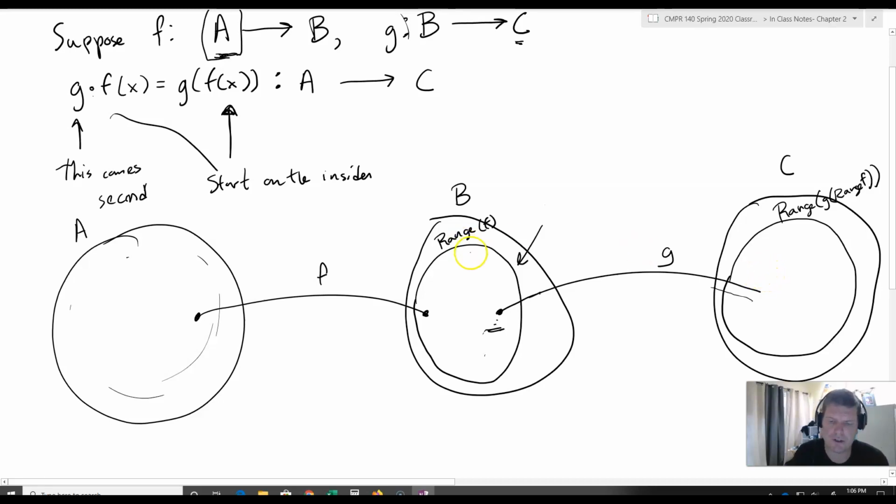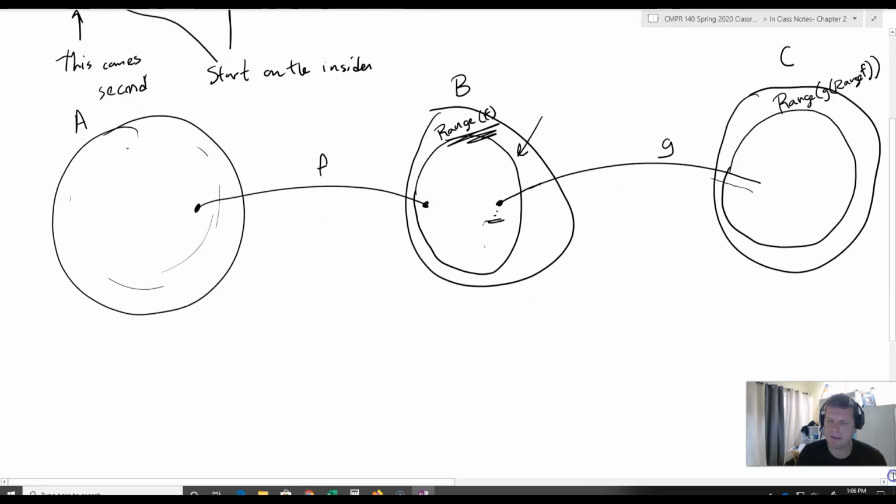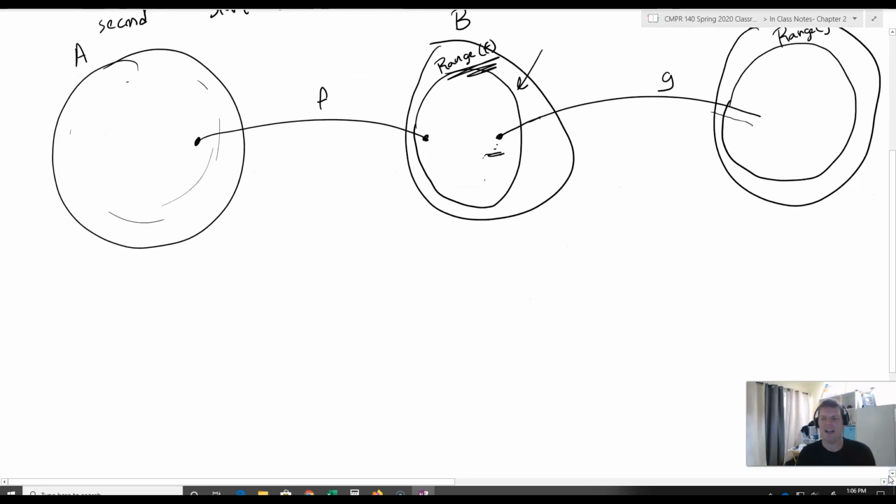The first restriction is that the only domain we have for G is the range of F, and the other restriction is whatever G does. Let's take a look at this, and let's use some functions that actually have some of those restrictions to understand what this looks like.